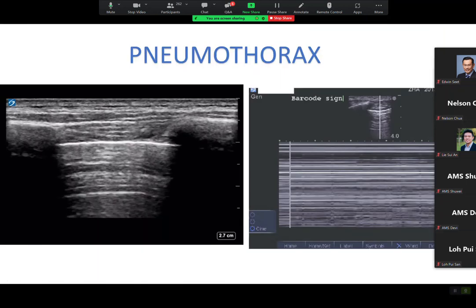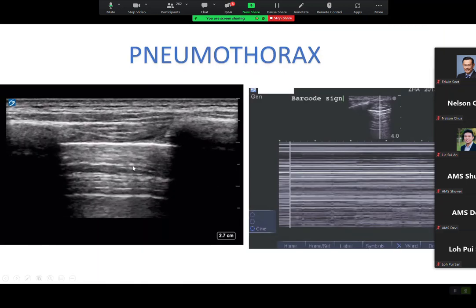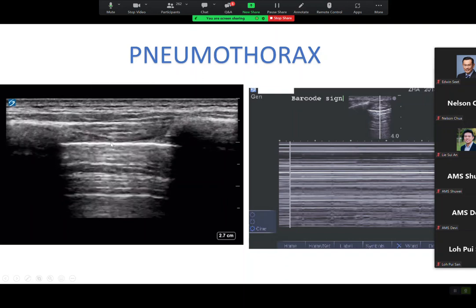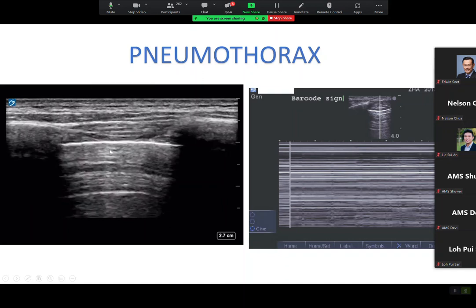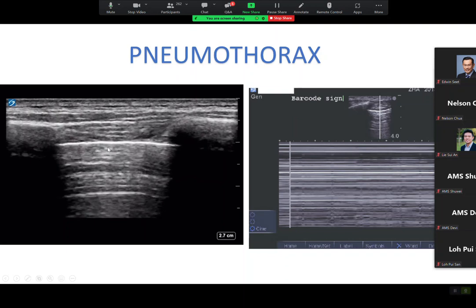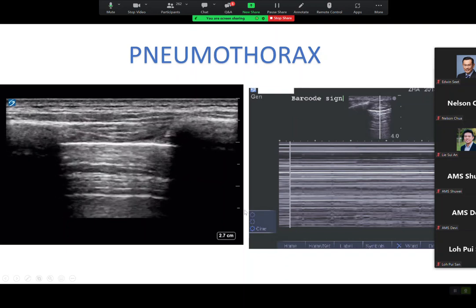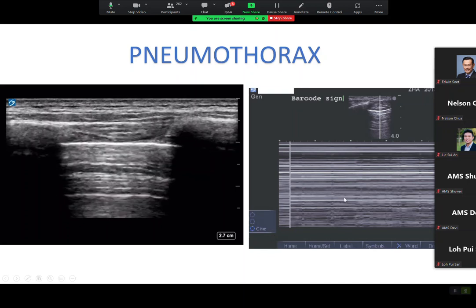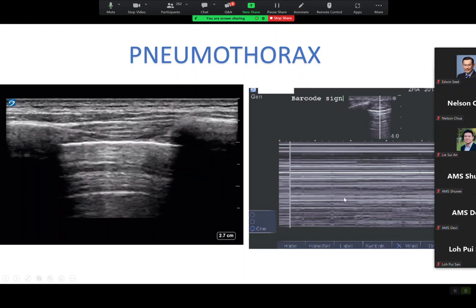What happens in pneumothorax? You lose lung sliding. You can see here the shimmering appearance of the pleura disappears, and the pleura doesn't appear to be moving at all. And if you put M mode across it, you get the barcode appearance.